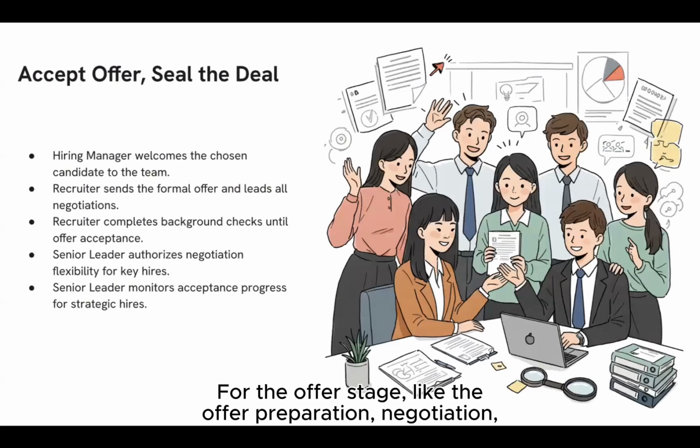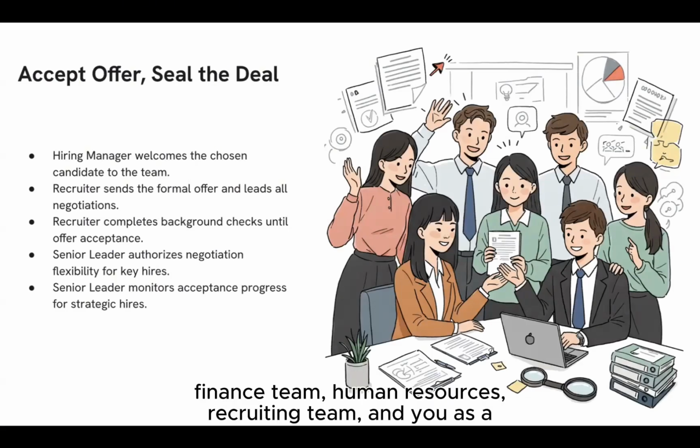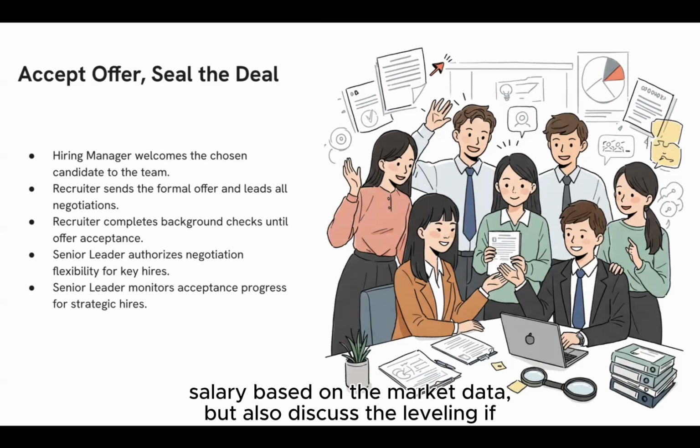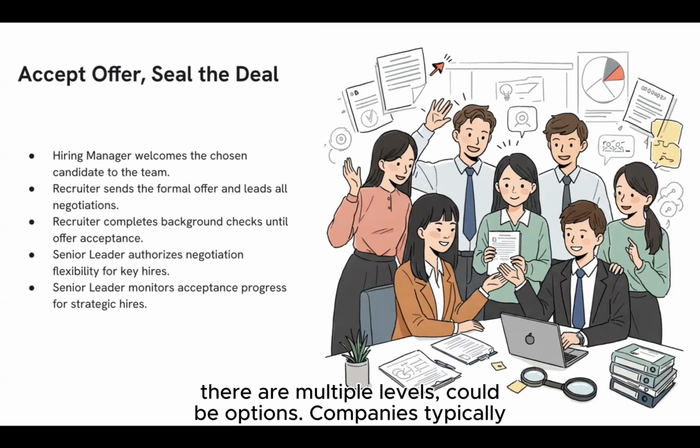For the offer stage, like offer preparation and negotiation, the finance team, human resources, recruiting team, and you as a hiring manager will have a meeting together to discuss salary based on the market data, but also discuss the leveling. If there are multiple levels, those could be options.